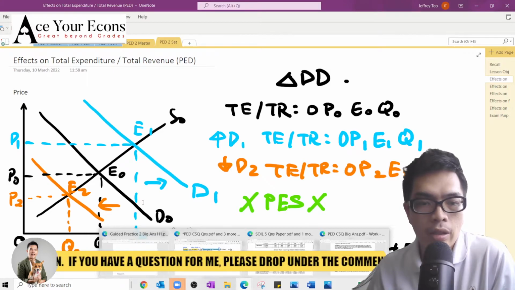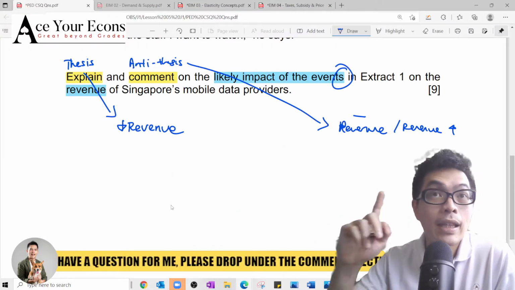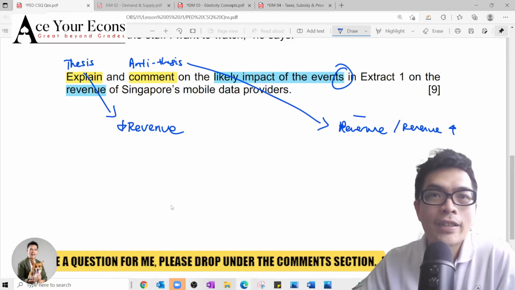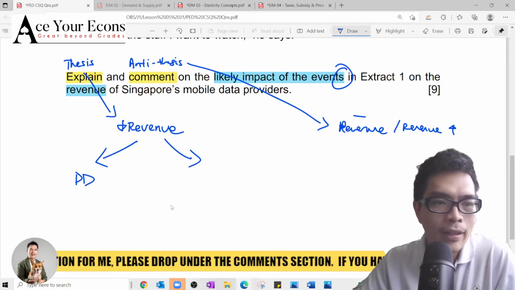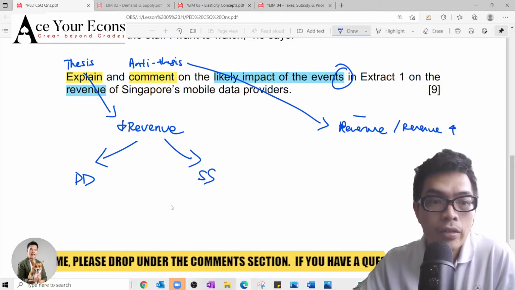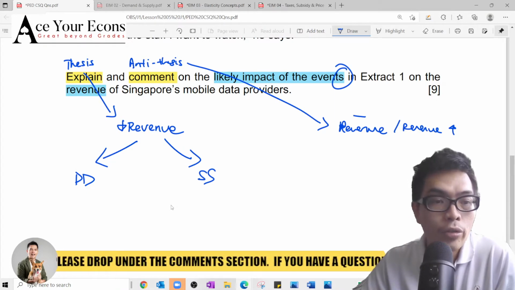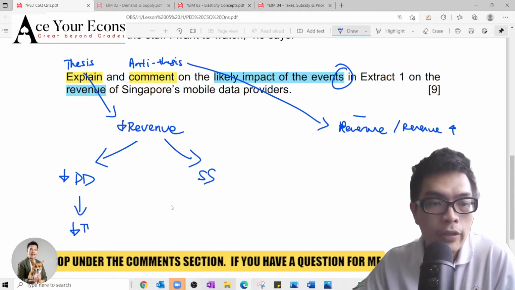Okay, great. So remember, the question states events. So it is more likely that it has to be satisfied by a demand and supply condition here. Right? So earlier on, I have shown you that a fall in demand will lead to a fall in total revenue.